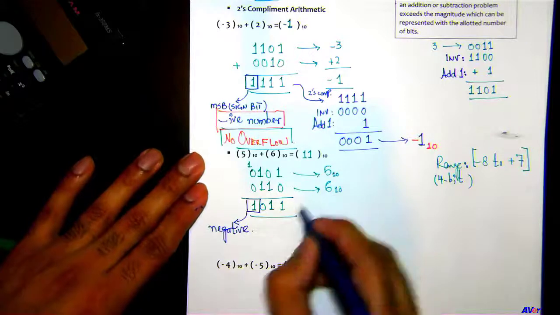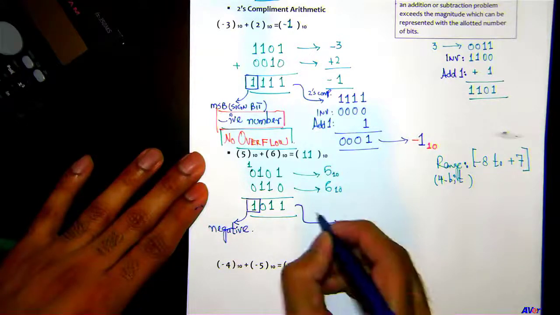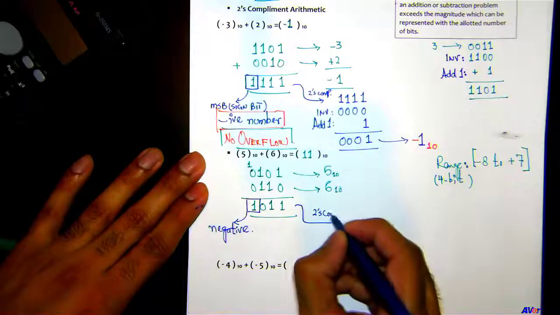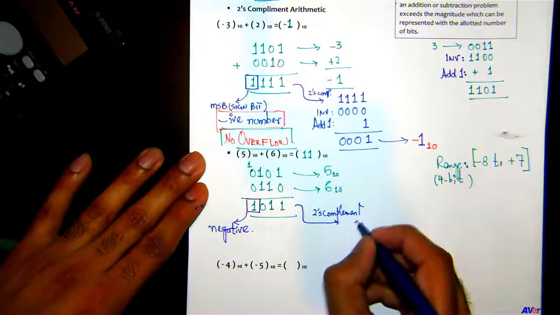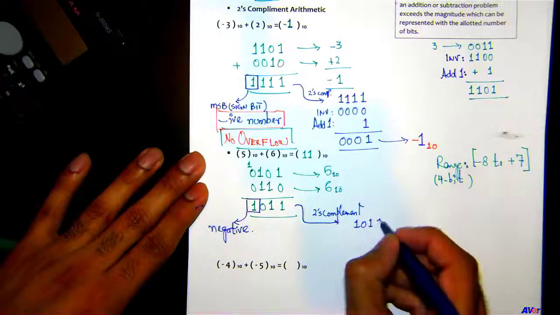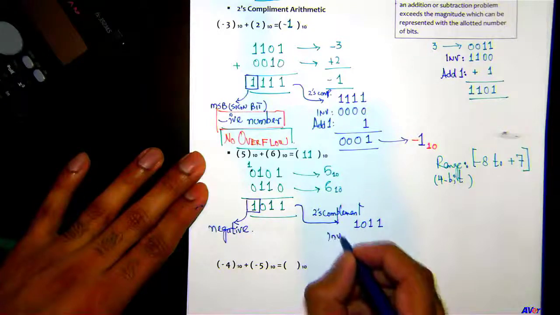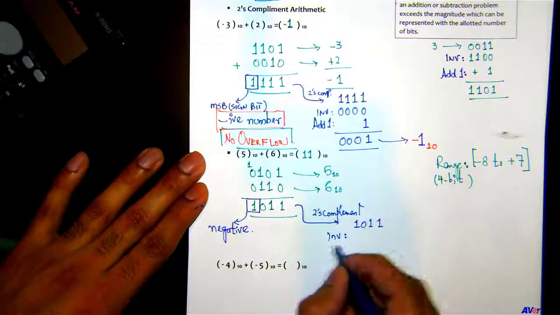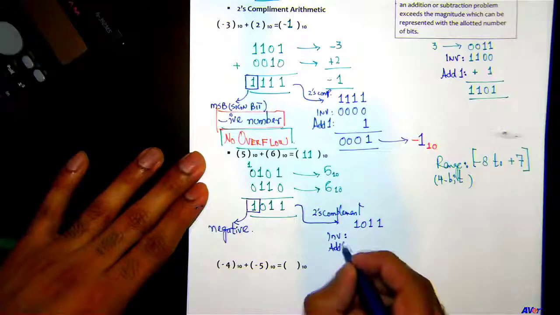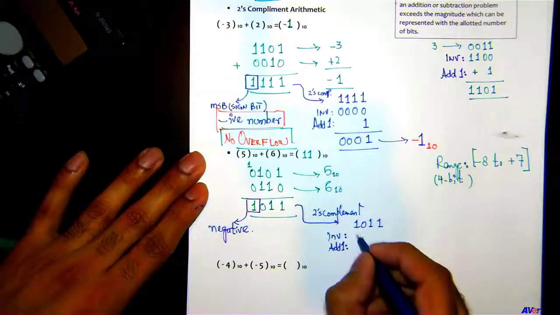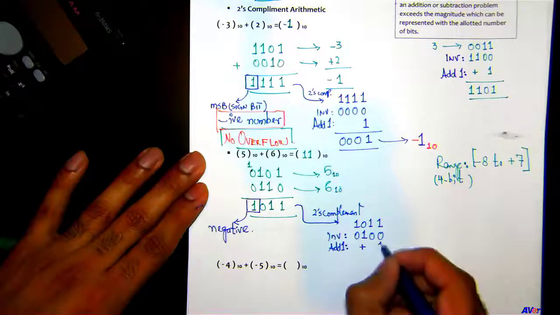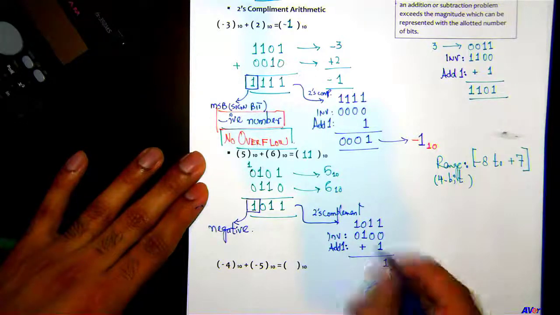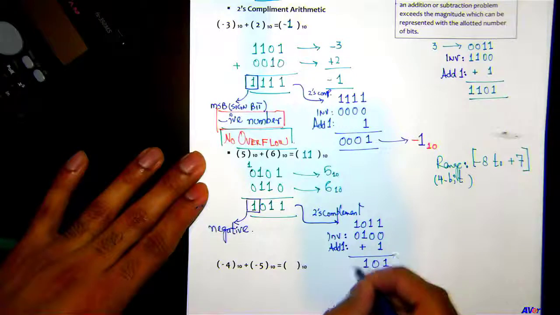So what do we do with a negative number? We take a 2's complement, right? 1, 0, 1, 1. We invert those bits, and then we add 1. So 0, 1, 0, 0. Adding 1, you get 1 here: 0, 1, 0, 1.